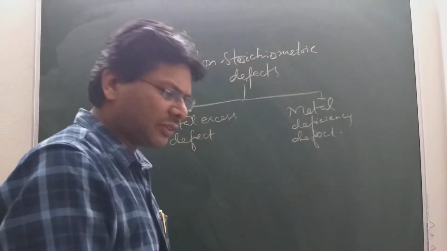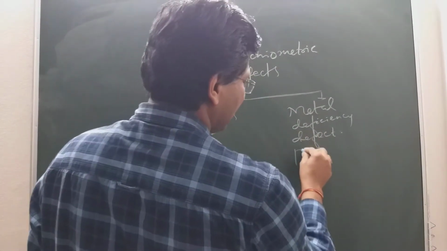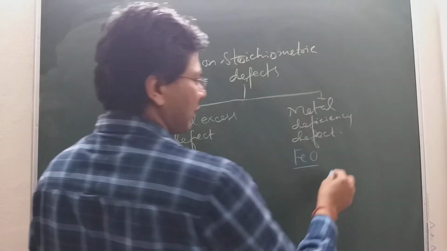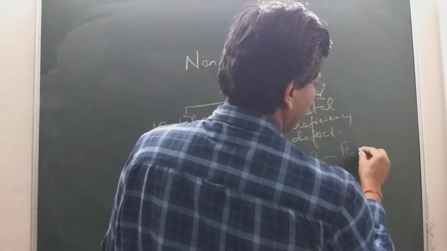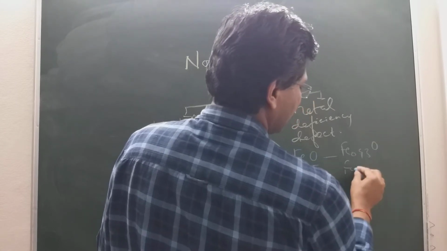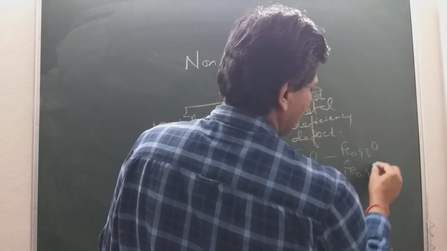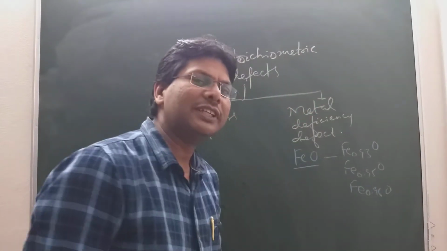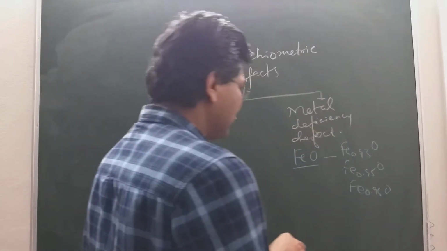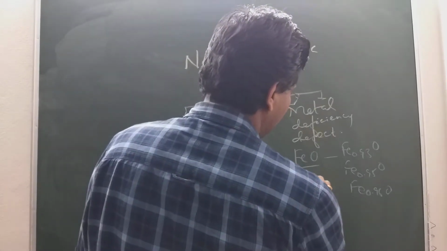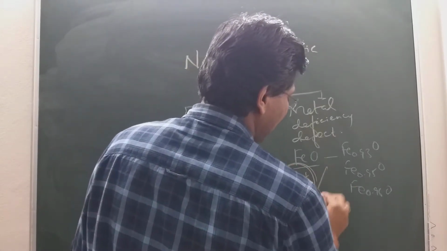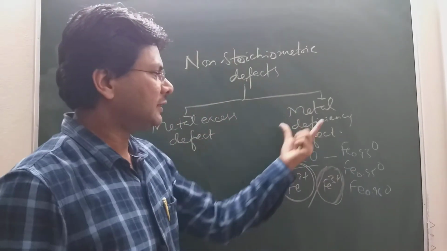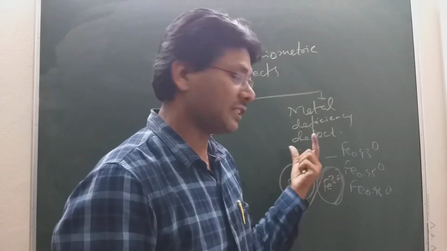Let's discuss metal deficiency defect. Suppose you take an oxide of iron; generally it is found in non-stoichiometric ratio like Fe0.93O, Fe0.95O, Fe0.96O. So what does this mean? This means that some of the Fe2 plus ions are missing, which is compensated by Fe3 plus ions. Such defects are called metal deficiency defects.